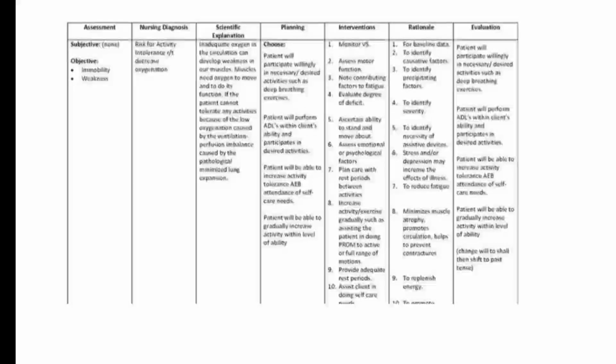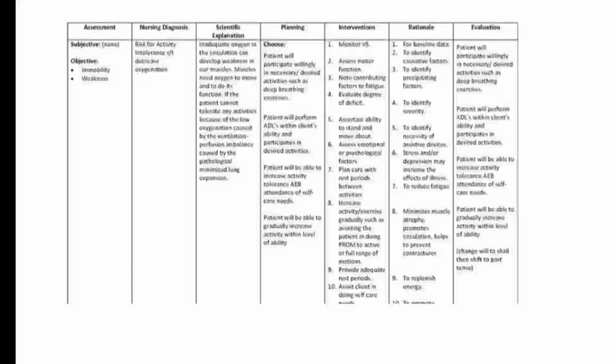Next diagnosis can be risk for activity intolerance, because due to decreased oxygenation the tissues are not functioning properly. So there can be risk for activity intolerance or activity intolerance. That can be a potential or an actual diagnosis. In some asthma patients, activity intolerance is itself present, or in patients who suffer chronically from asthma.